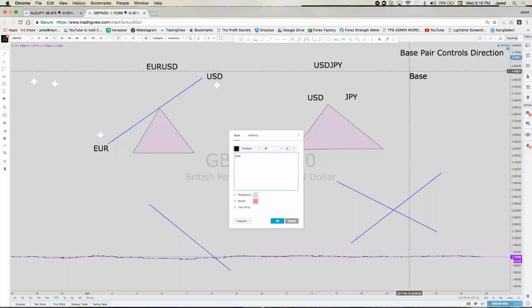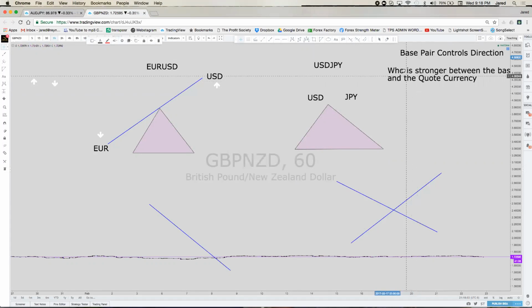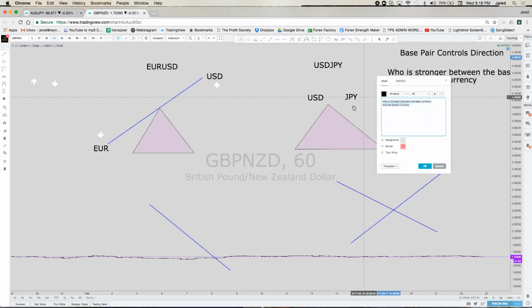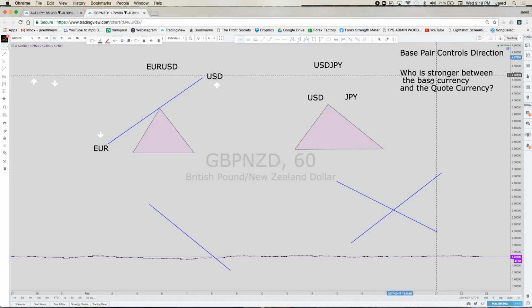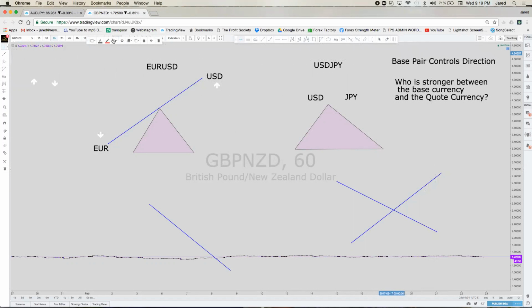Also, you always have to know who is stronger between the base currency and the quote currency. That is your question that you will always ask. And whatever the base currency is what's going to control the direction. So if the euro is weaker than the US dollar, then the EU is going to always go down.